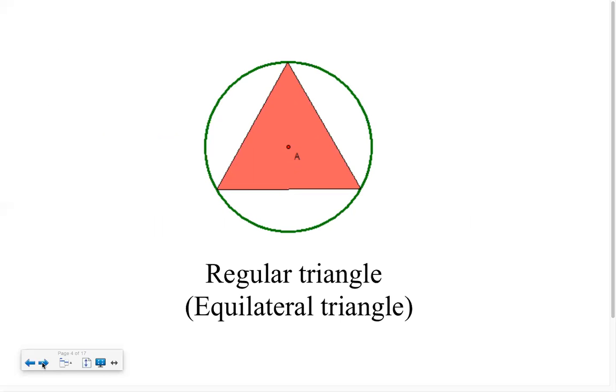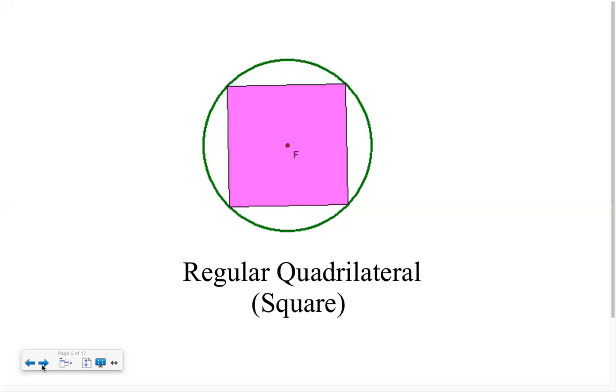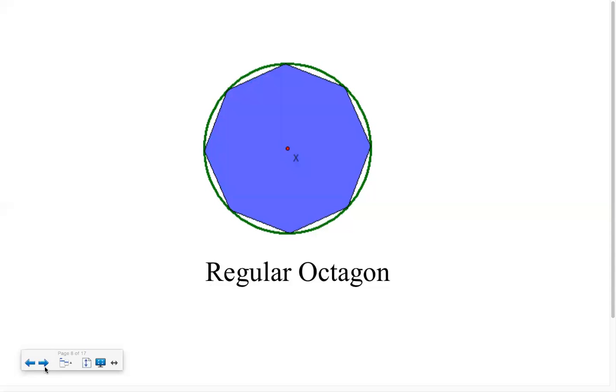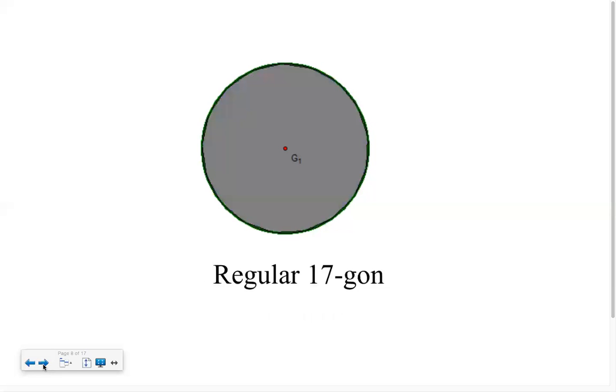They all fit directly inside a circle. Square, pentagon, hexagon, octagon, 17-gon. The reason why this is important is because some of the terminology we get within our regular polygons comes from the fact that it can be inscribed in a circle.